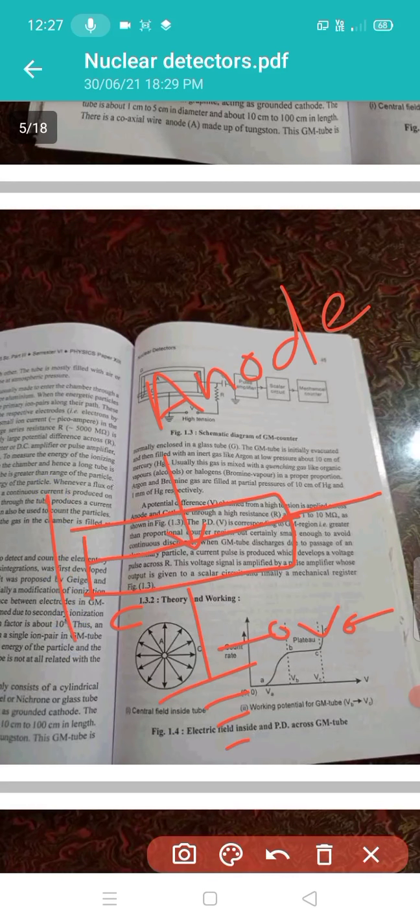Then this whole apparatus is enclosed in a glass tube G.